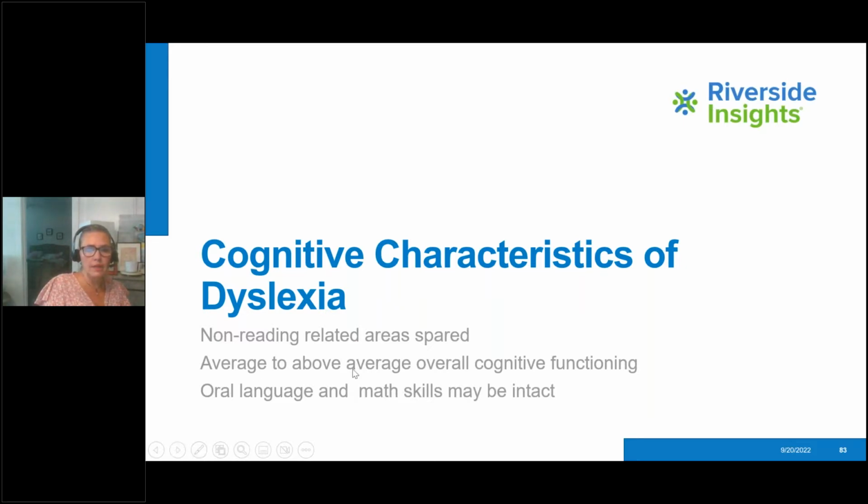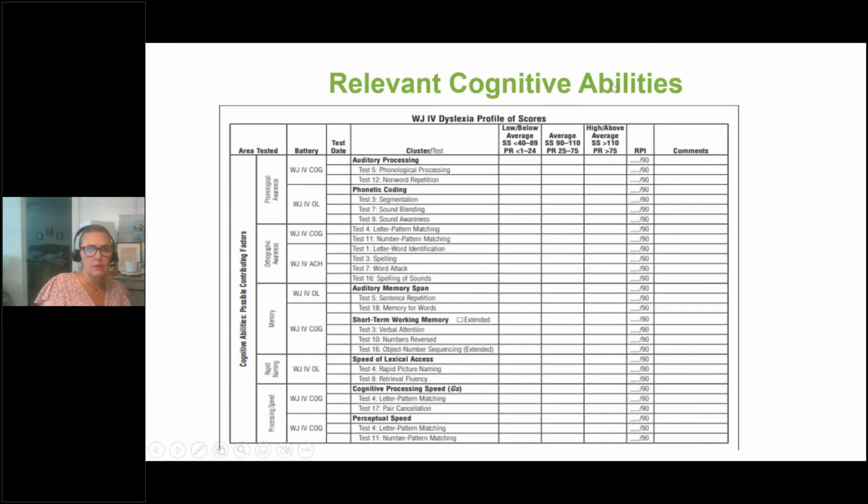We're going to look at whether that student has average to above average overall cognitive functioning, and then oral language and math skills may be intact, because again, oral language and math doesn't require that reading component.